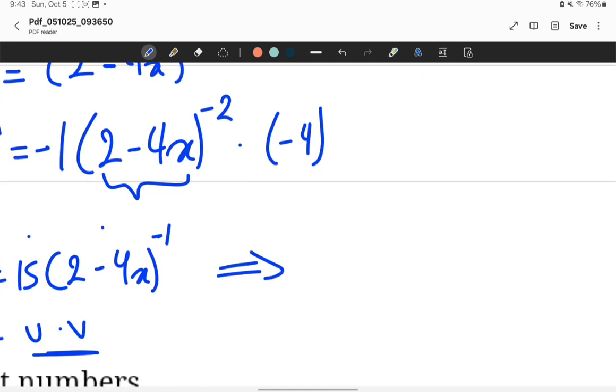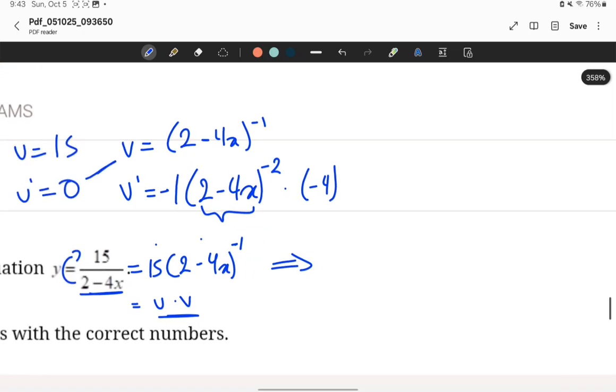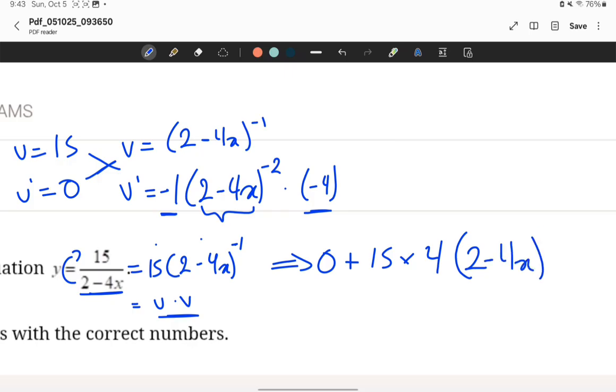So this y prime is going to be the u prime times v, okay, 0 times whatever is just 0, plus 15 times minus 1 times minus 4. We can simplify minus 1 and minus 4 is just 4. So that means 15 times 4 into 2 minus 4x to the power of minus 2.